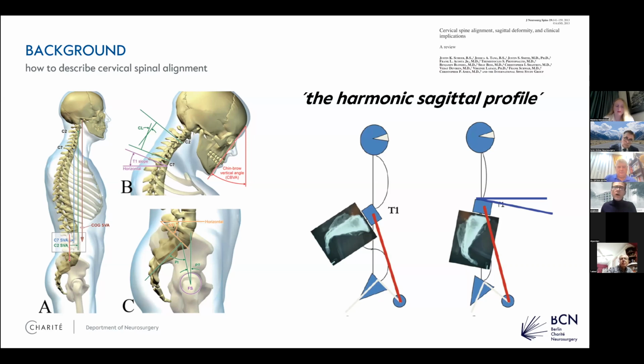So this is how we always have to look at the whole spine, and this is why whole spine imaging is also important, and we'll come to that later, if you are trying to understand cervical lordosis and if you're aiming at correcting cervical deformities. So always look at the whole spine.